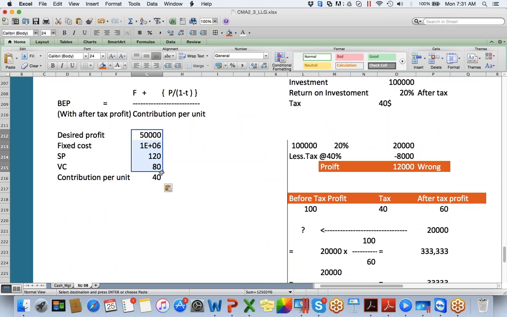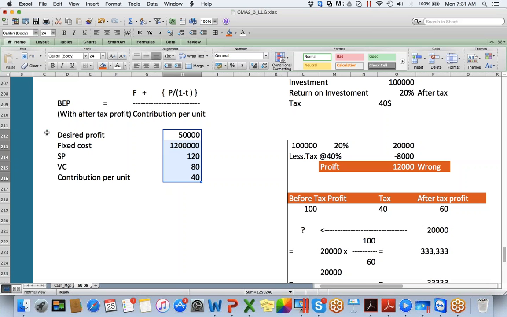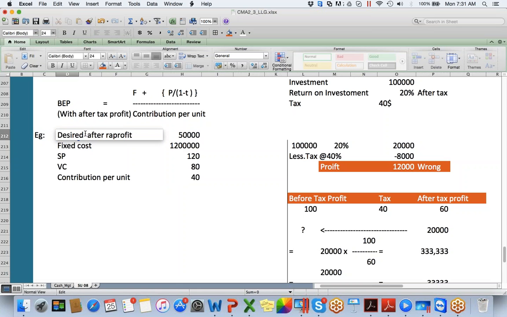But this one we want desired after tax profit. Example, desired after tax profit of 50,000, 1.2 million fixed cost, sales price, variable cost, and a calculated contribution margin, that is 120 minus 80.